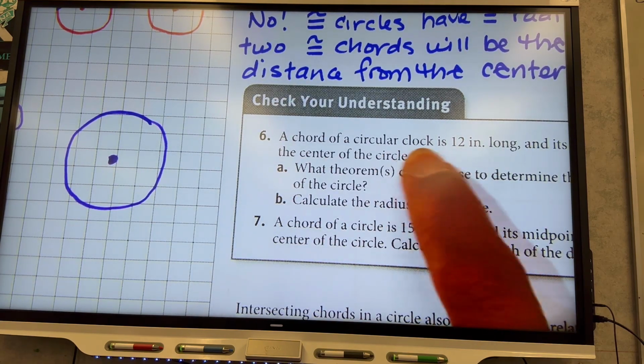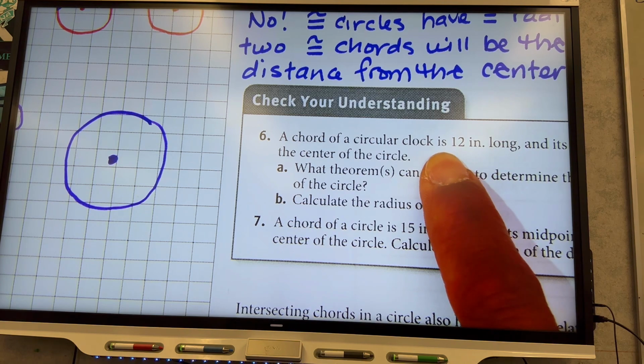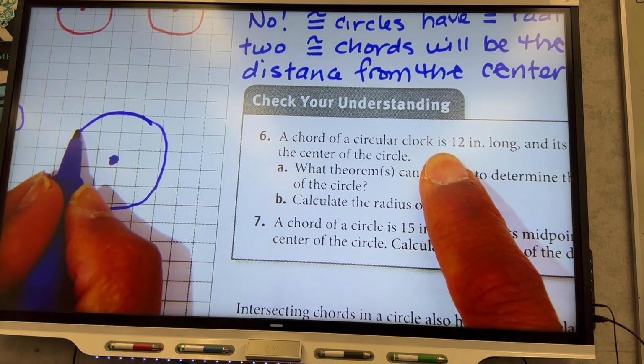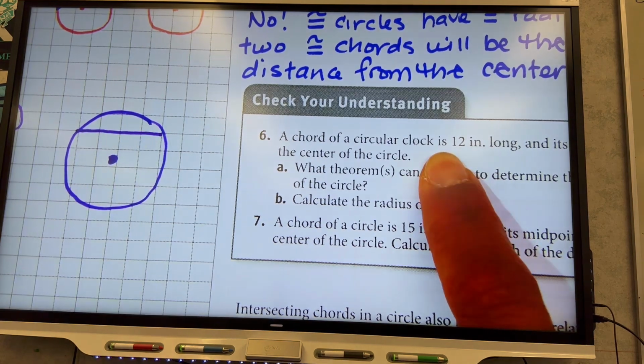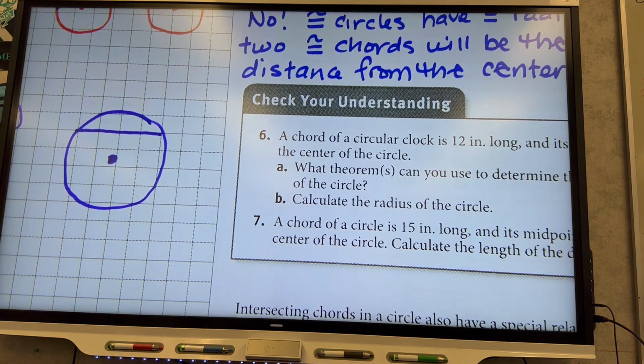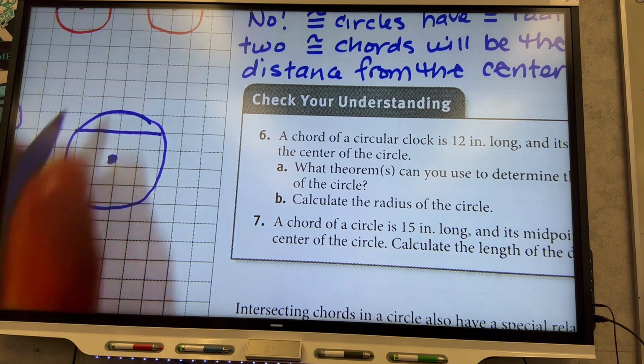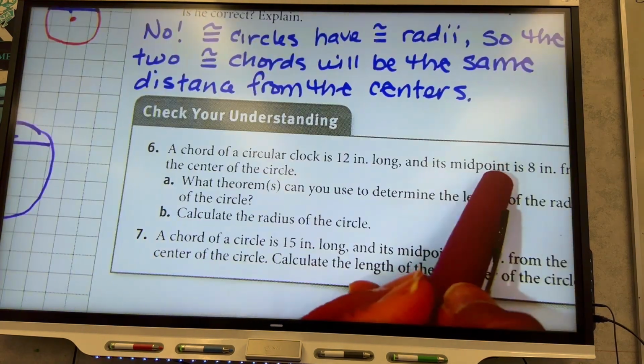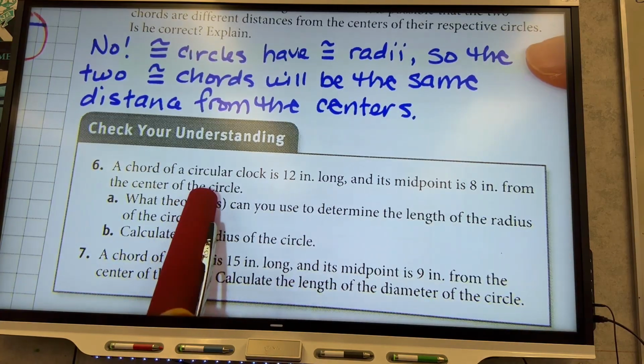Don't overthink drawing this in. You could draw your chord anywhere in the circle that you want. In my opinion, it's easiest just to draw it horizontally at the top. It says it's 12 inches long, so let's put 12 on that. Then it says its midpoint is 8 inches from the center of the circle.